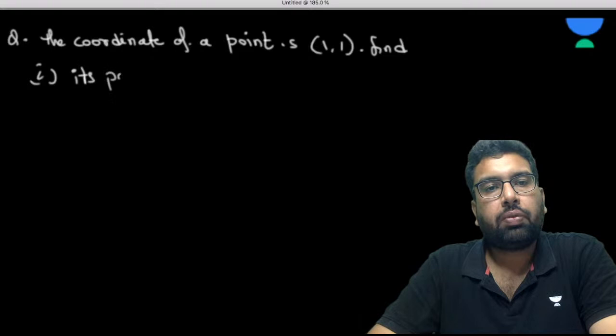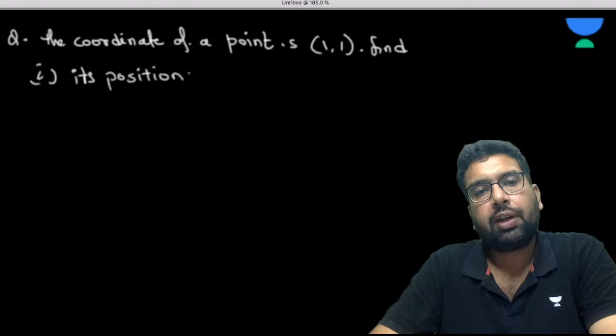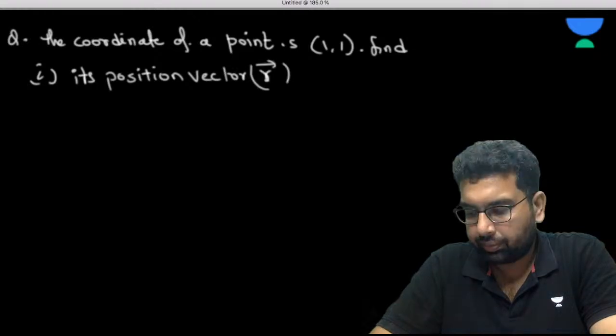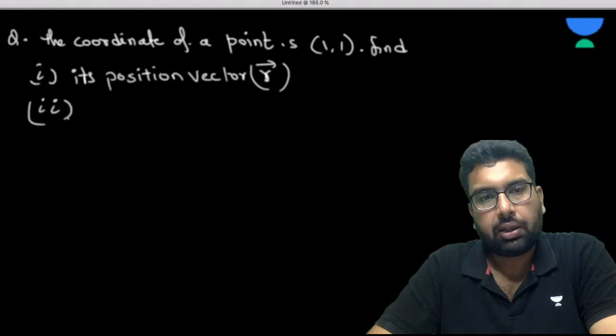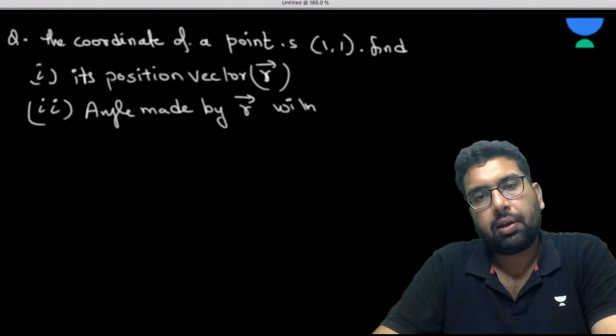Let's call it R vector. The second point is: what is the angle made by r vector with the positive x-axis?